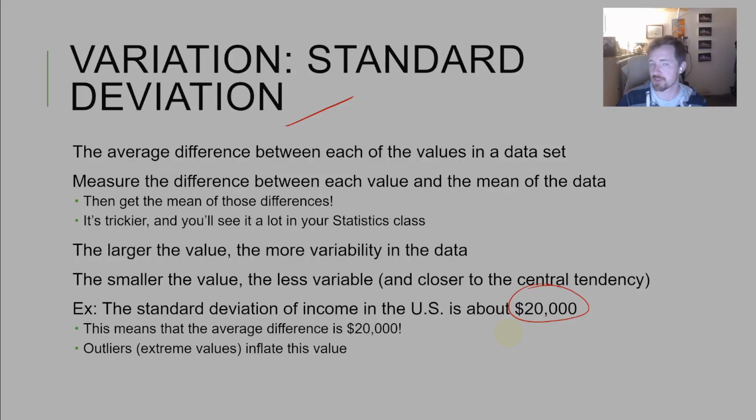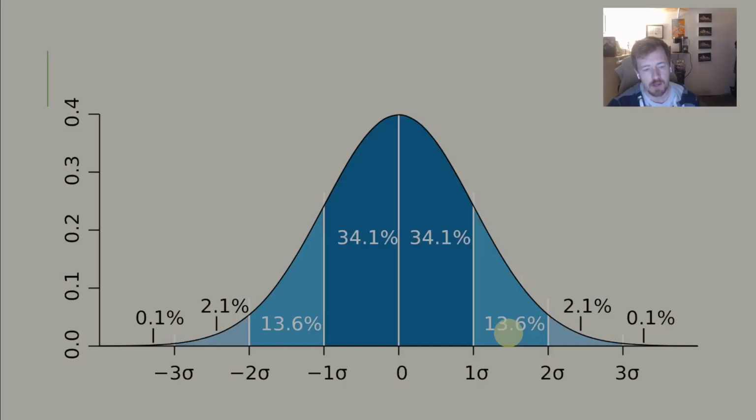Thinking about the U.S., we have a couple of outliers on one end that are really inflating the standard deviation, when in actuality the values are probably much closer together than 20,000 might suggest. This is true not just for really large values, but also for very, very small values too.